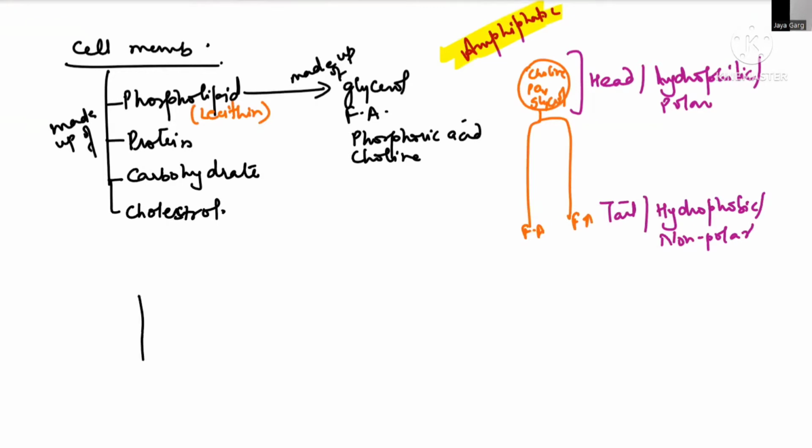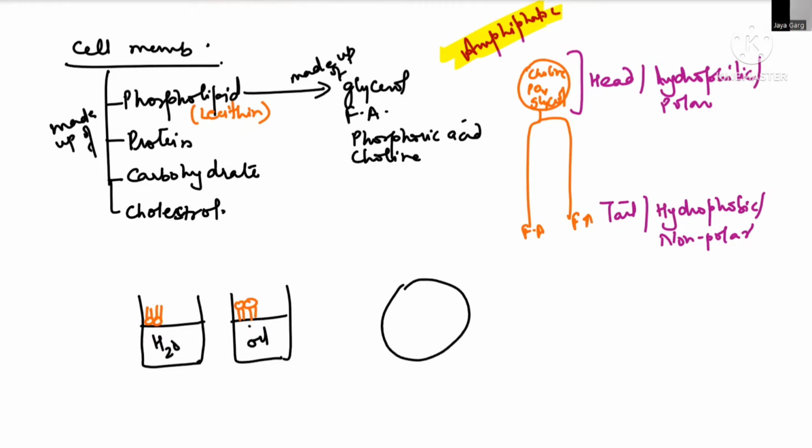If you take a beaker in which you put oil and water, what will be the arrangement of the phospholipid? They will be arranged this way, with the head facing the water, not the tail. But if in the beaker you are putting the oil, you find the arrangement is the tail facing the oil, not the head. Now, inside the cell you find water is present.